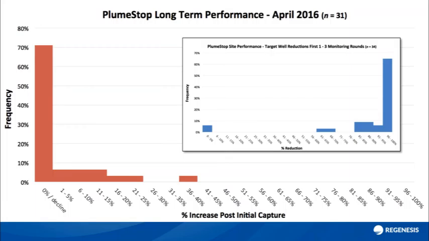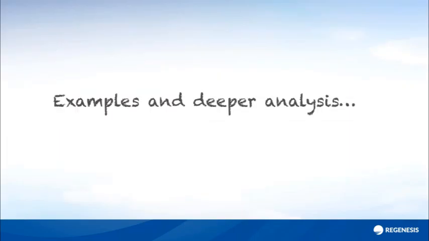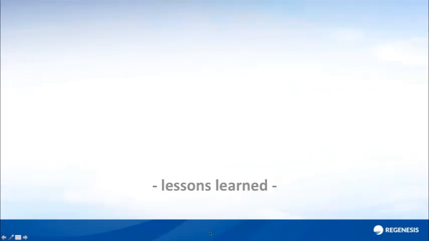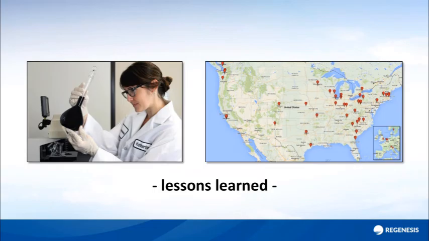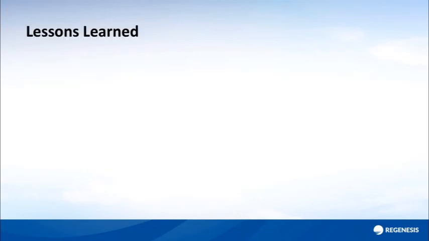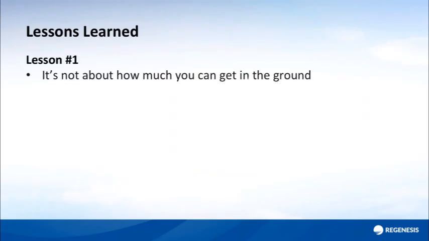So what are some of the lessons learned of the applications that we've had to date? Well, these are the principal ones that I would single out. Lesson number one, it's not about how much PlumeStop you can get in the ground. It's also not about how far away you can see the PlumeStop has moved. If you get PlumeStop showing up in a well 30 meters away, what does that tell you about the actual flow path of that PlumeStop?